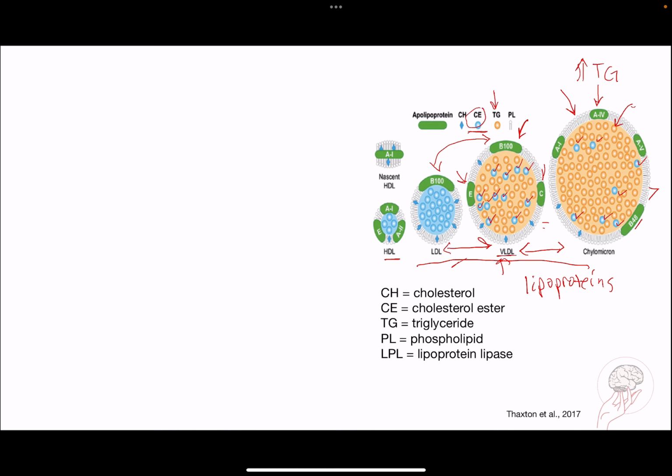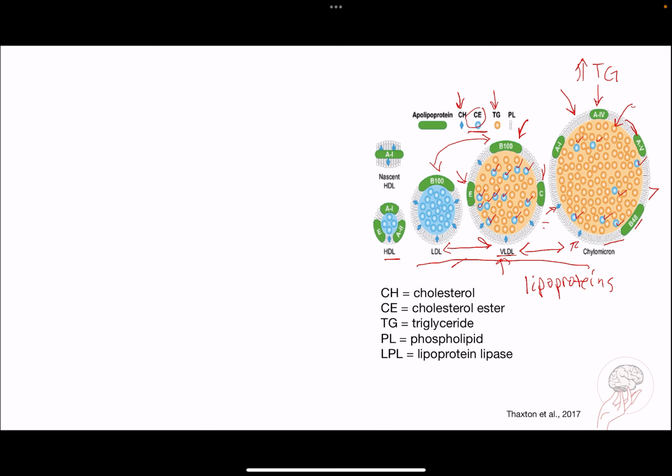And you'll actually see that we have cholesterols themselves in their final cholesterol form embedded in the phospholipid layer. And similar to our cell membranes, cholesterol in the membrane will change the fluidity of this membrane.